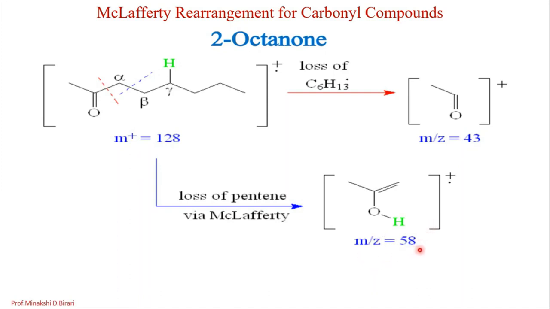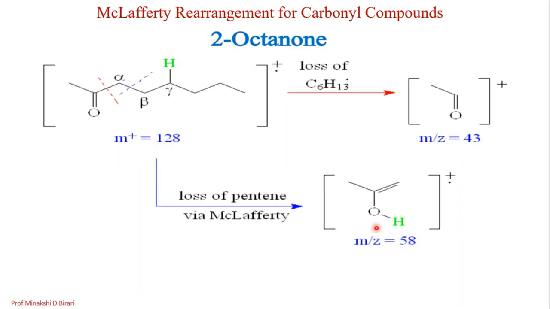So in case of 2-octanone, there may be two ways of fragmentation. First one, the loss of C6H13 radical, and the second way, the loss of pentene via McLafferty rearrangement.